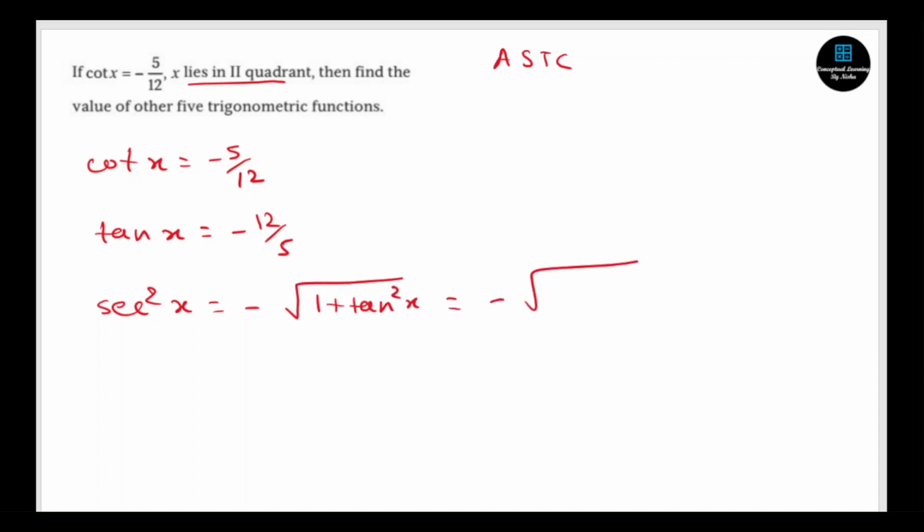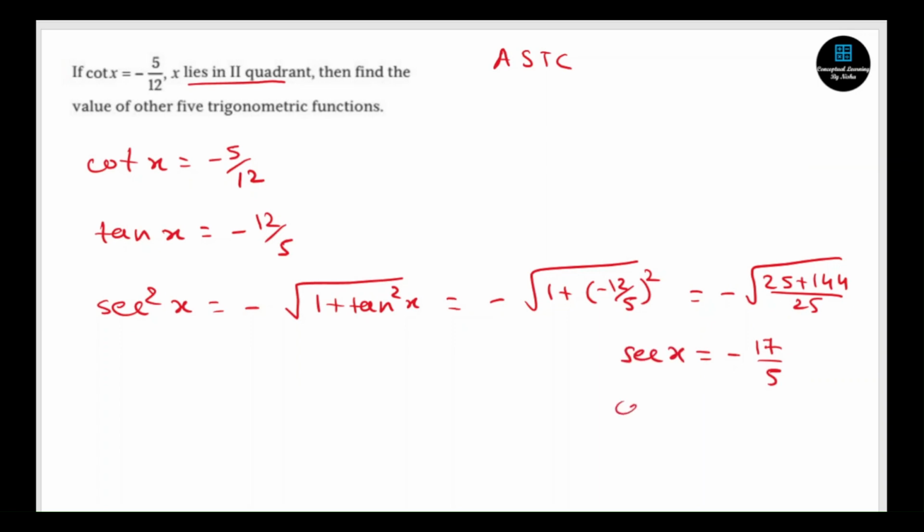So minus 1 plus minus 12 upon 5 square. When I simplify, minus, this is 25 plus 144 over 25, and on simplifying this we'll get 289. So I'll directly write this as 17 over 5. Okay. So this is sec x value.